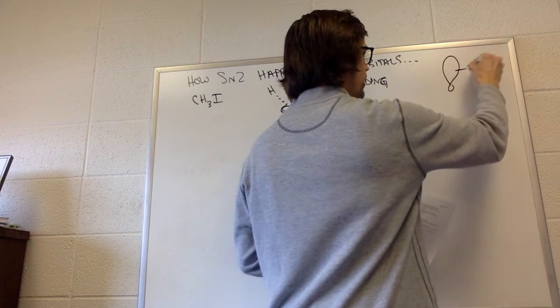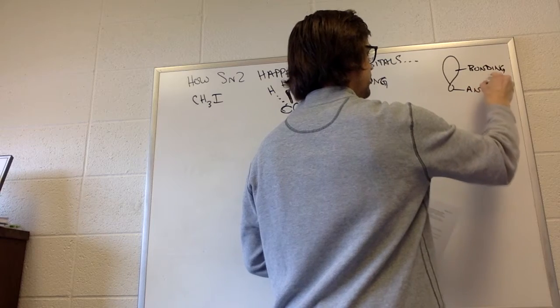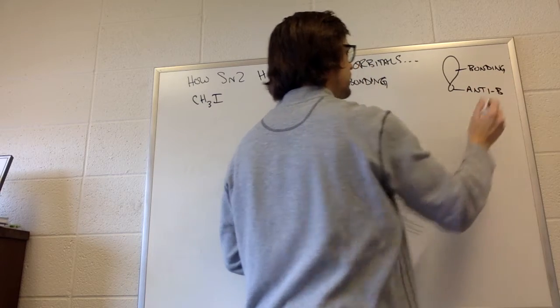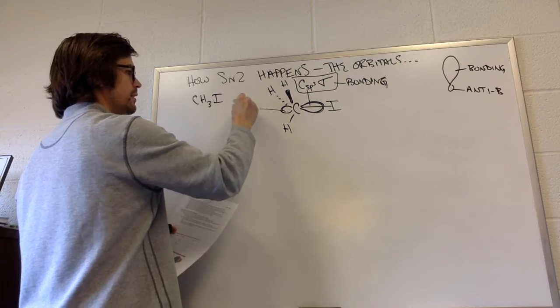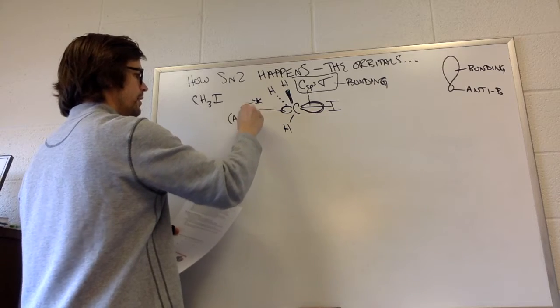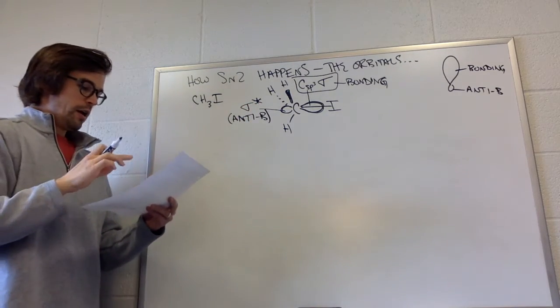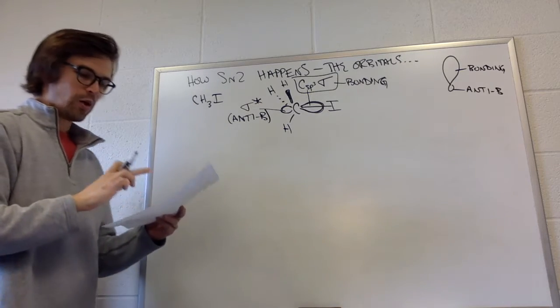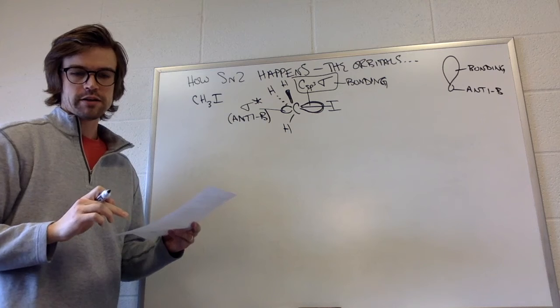So this is the bonding side, and this is the anti-bonding side. We'll just put anti-B for anti-bonding. So this is the bonding, this is the sigma star anti-bonding orbital. So this is where the nucleophile will add electron density to make a new bond.